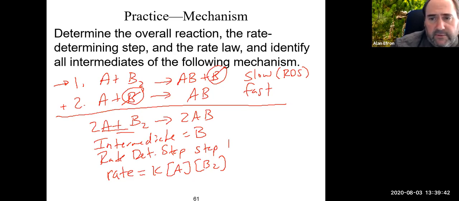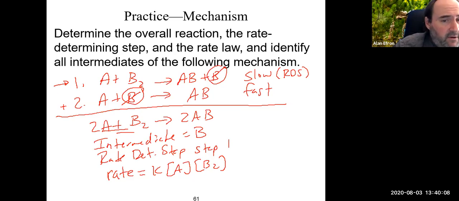An example of that, as we saw earlier on, was the NO plus the O2 making NO2. A molecule such as N2O2 was seen being detected in that reaction.